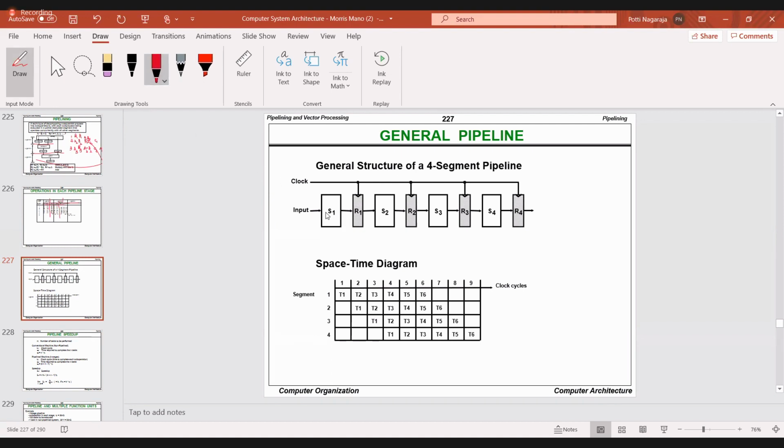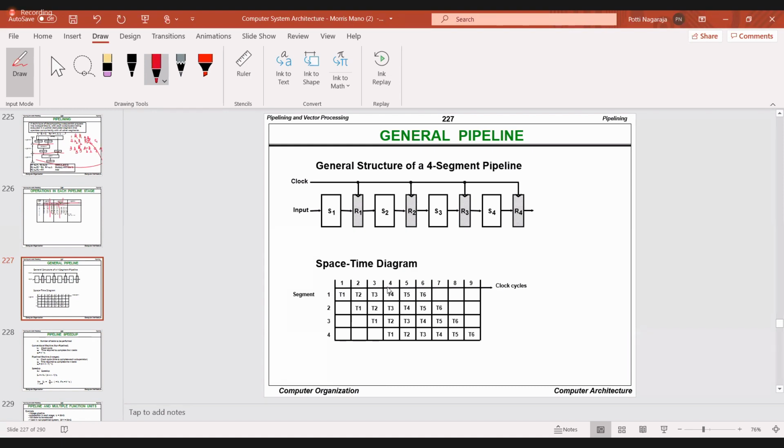See here, four segments, and there are registers between S1 and S2, S2 and S3, S3 and S4, and the output of S4 is also given to a register. Because all registers are sequential circuits, I am giving the clock signal to all registers. Now assume that this is the time diagram. So how many clock cycles are required to complete the four segment circuit? Now take the x direction. What am I taking here?